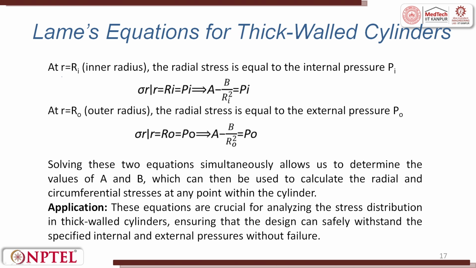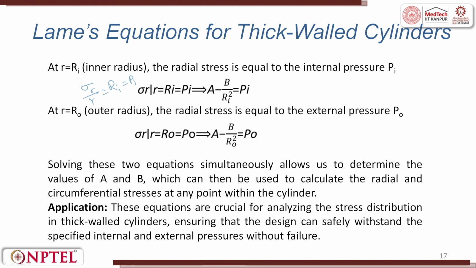When at r equal to R1, inner radius, the radial stress is equal to the internal pressure Pi. So, you should read it like sigma r at r equal to Ri, which is nothing but Pi.